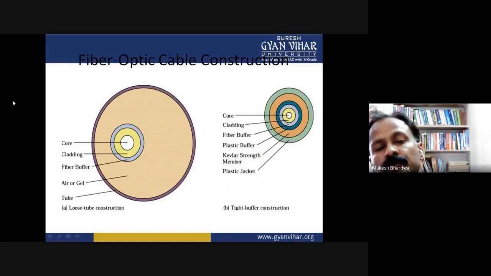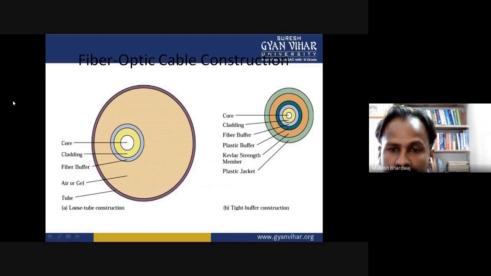So this is loose tube construction. Now, tight buffer construction: core, cladding, fiber buffer, plastic buffer, Kevlar strength member, and the uppermost part is plastic jacket.